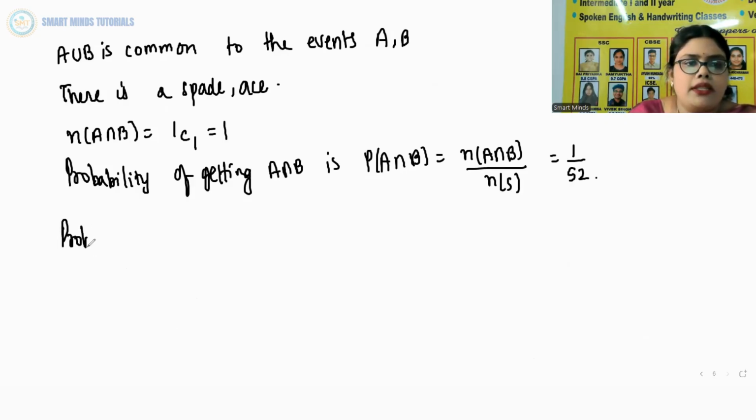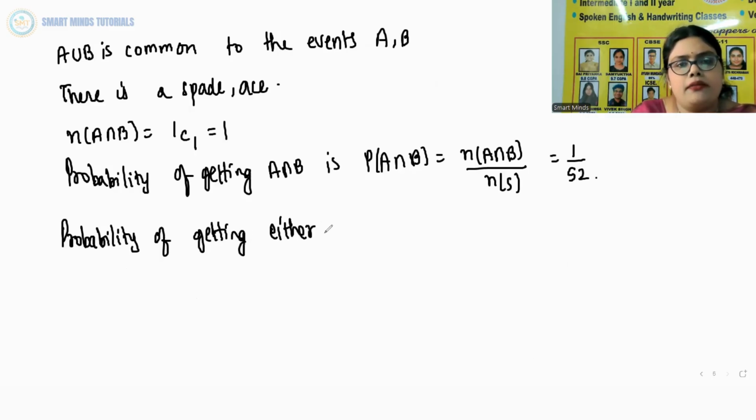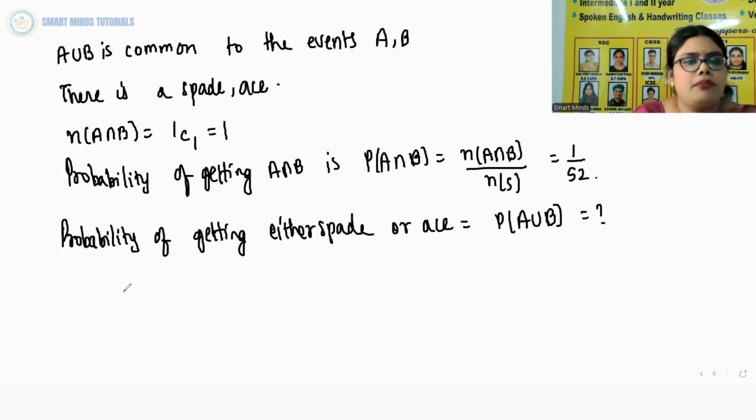So the probability of getting either spade or ace is P of A union B. Now we need to find P of A union B. So we use the addition theorem here. We have P of A, P of B, and P of A intersection B. So we can easily find P of A union B by using the addition theorem of probability.